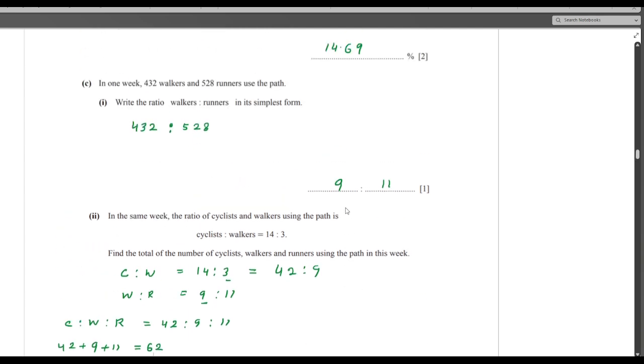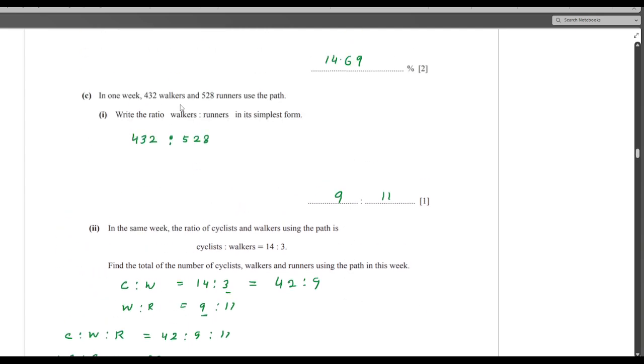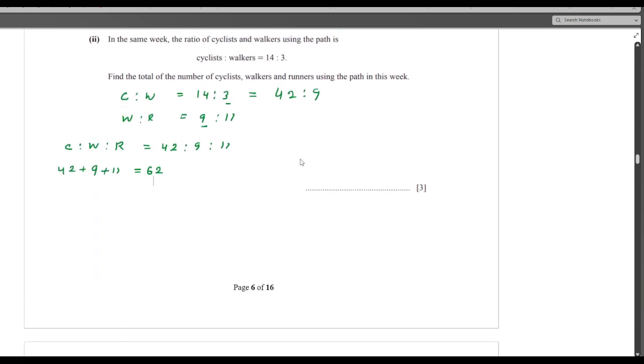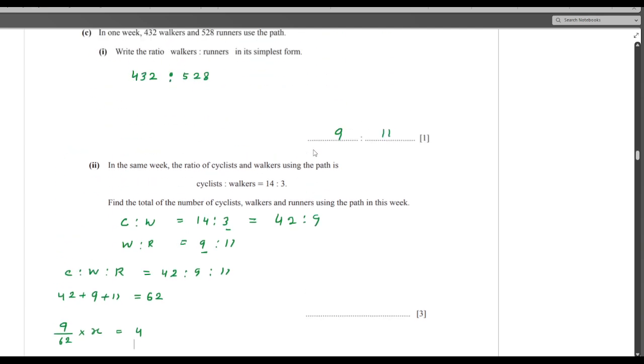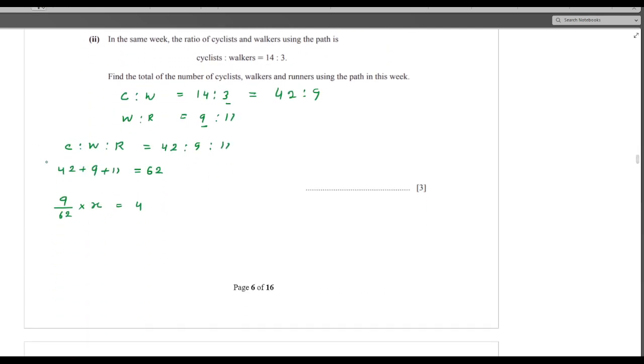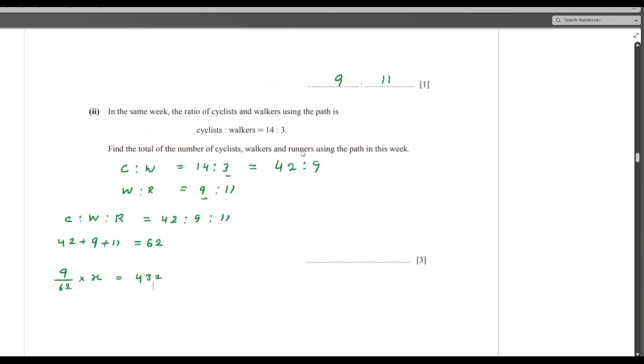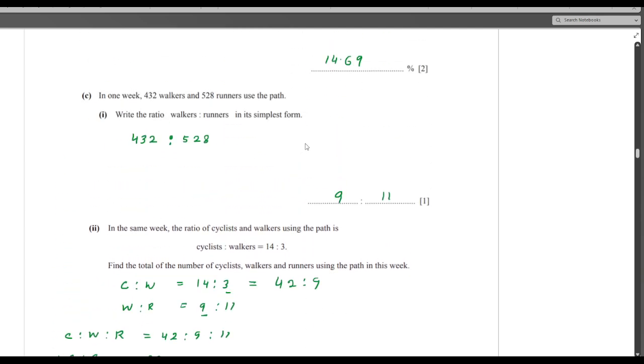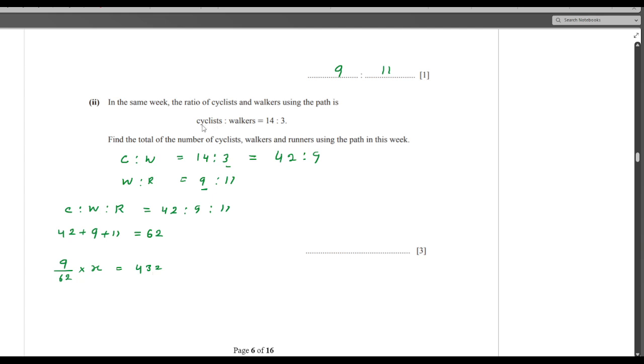Okay, here we know there are 432 walkers, and your walker share is 9, so 9 divided by 62 times your total number, say x, will give you 432. Like this, you can take any other category, like a runner, or the people who are cycling.